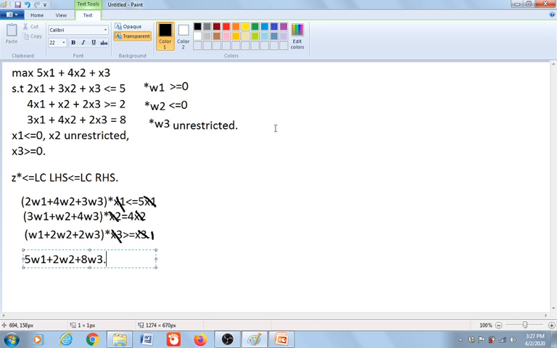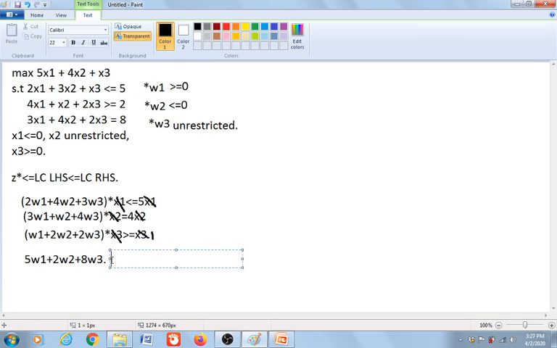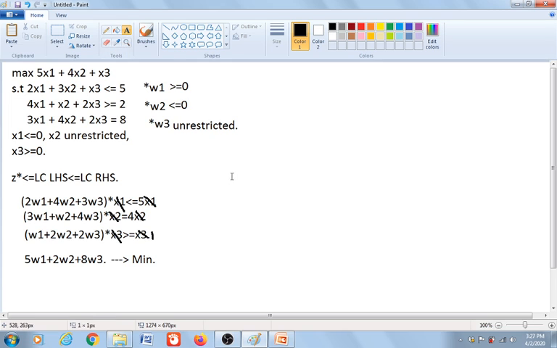So we want to make the linear combination of the right hand side as close as possible to the z star. So we want to minimize this. Okay, so what is the dual of the problem?